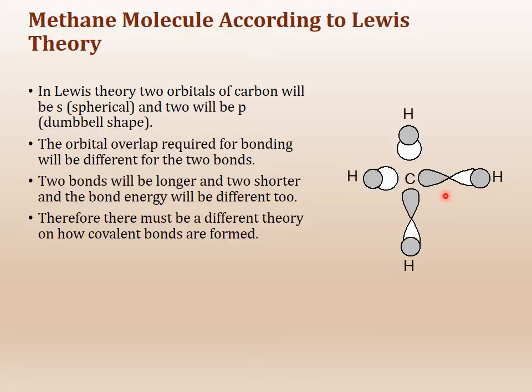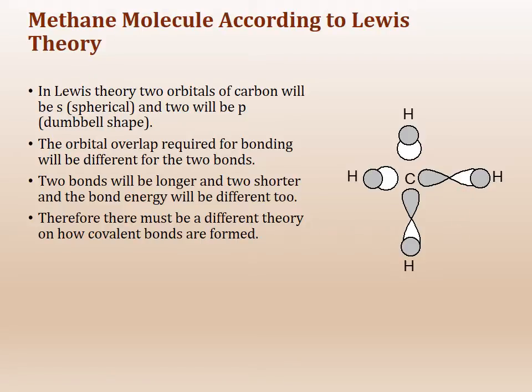The second thing about this is the bond length. In case of bond length, the ss overlap, because the orbitals are pretty much alike, will have a better overlap and therefore will be shorter than the sp overlap. So technically what we're saying is that methane has two different kinds of bonds: short ones, long ones, strong ones and weak ones.